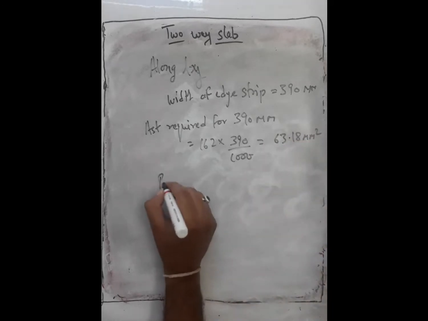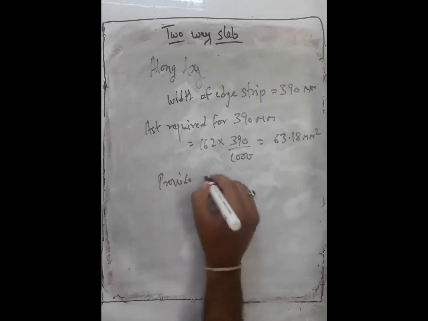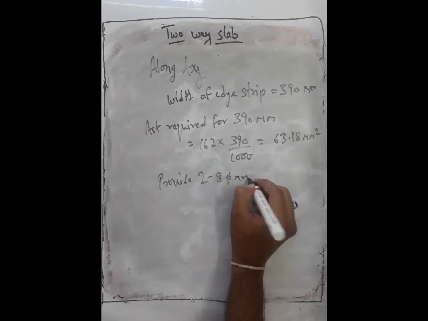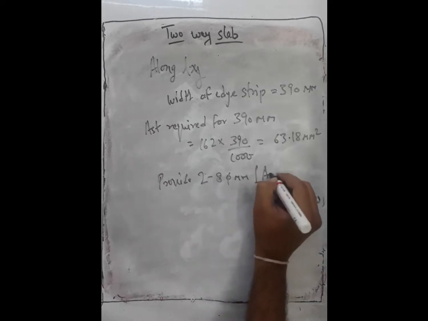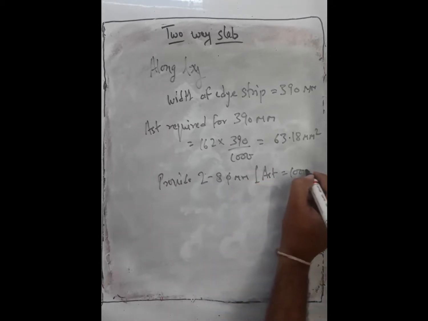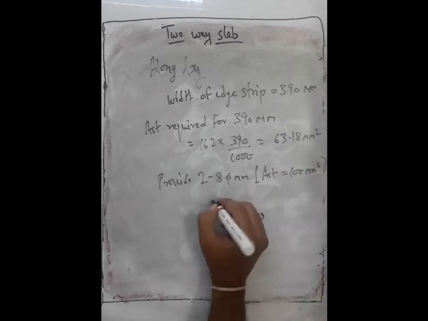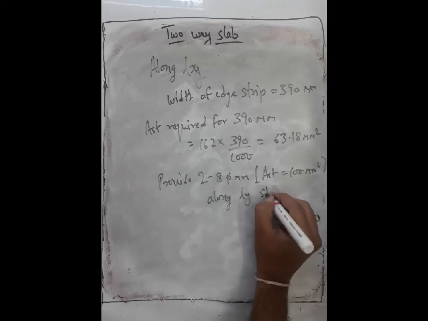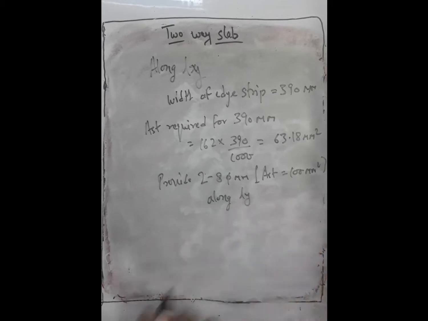So you have to write: provide 2 bars of 8 mm dia, AST is equal to 100 mm square along Ly. Okay, so in this way you have to find the edge strip bars.